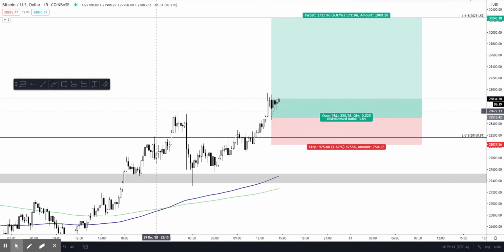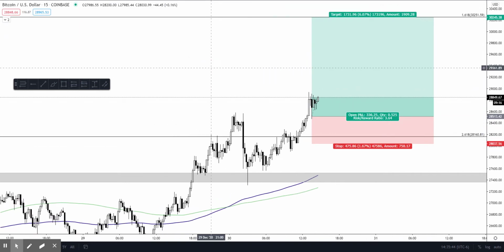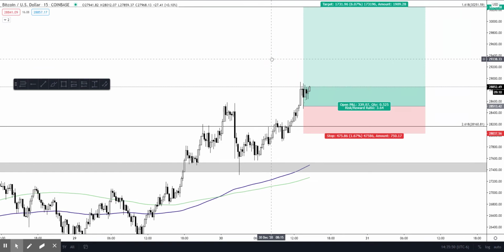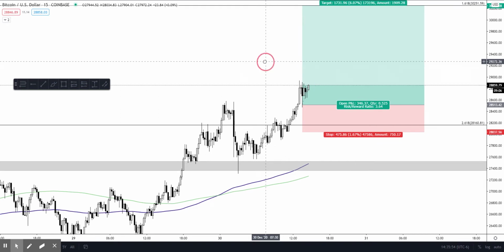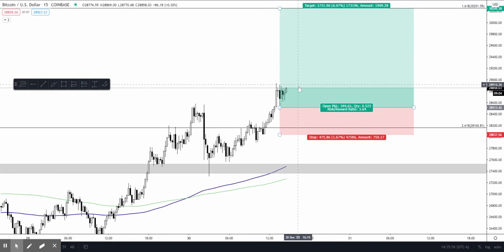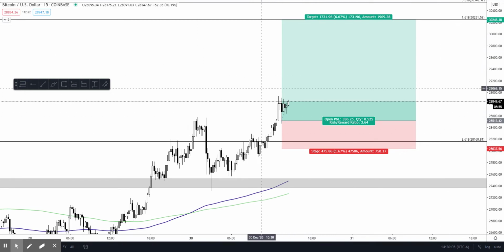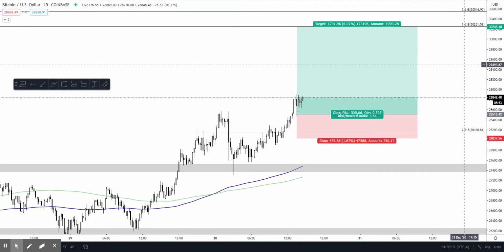Do you follow me on Twitter? Is that why you said that? It's just Trader Mercury. I actually tweeted this setup. I tweeted that I think BTC goes to 30K in the next 48 hours, last night.